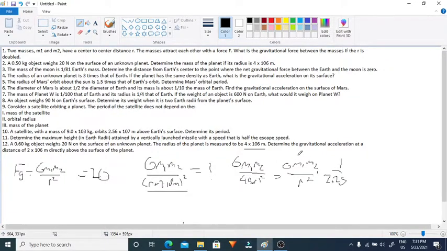And so when you divide 20 by 2.25, you end up getting 8.88 repeating.